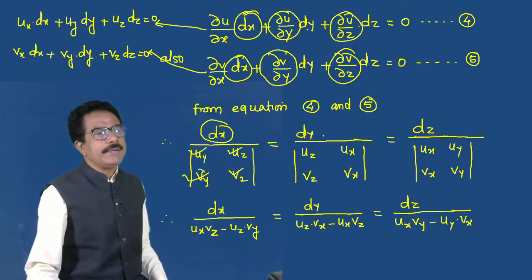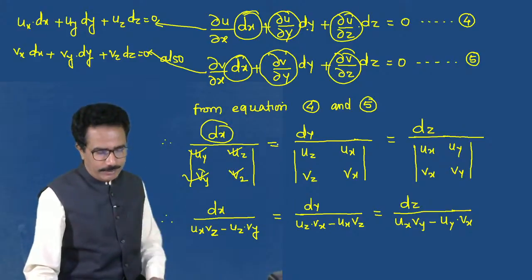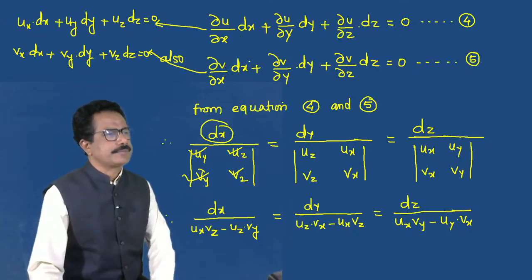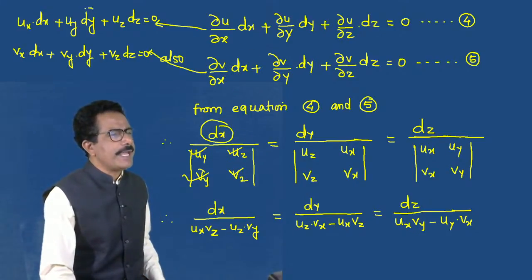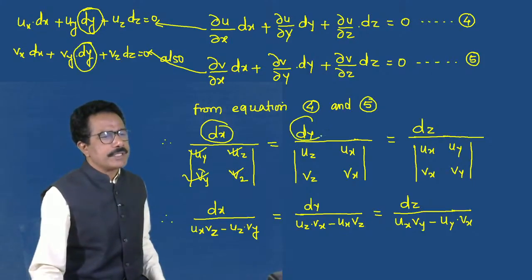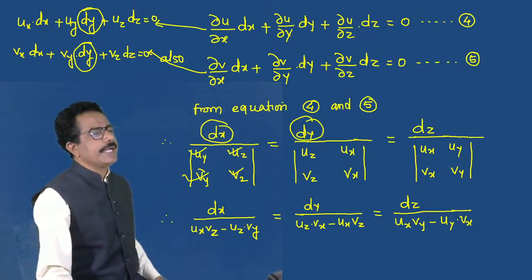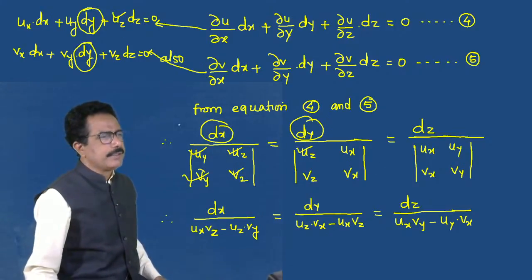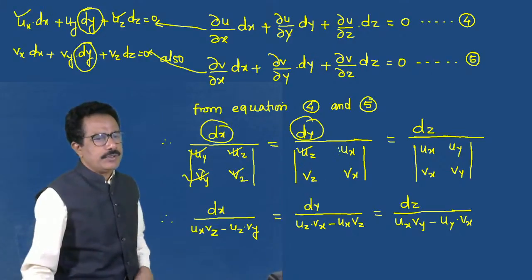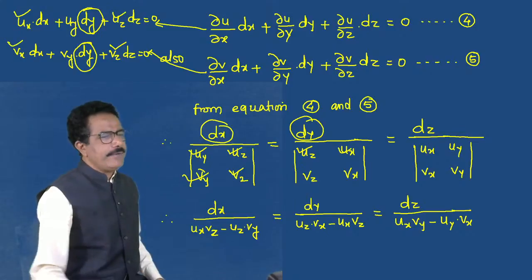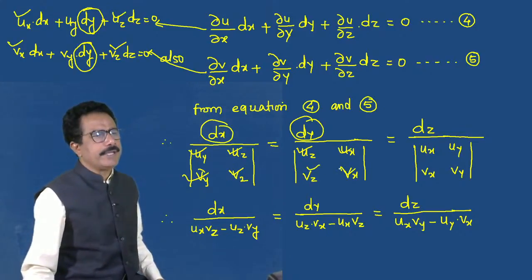Similarly, we can write dy. If we take the dy here, then remove this dy. So the coefficients: uz, ux, and vz, vx.